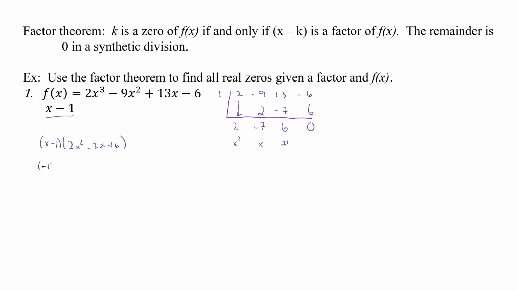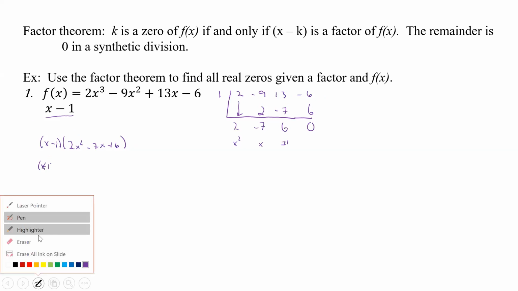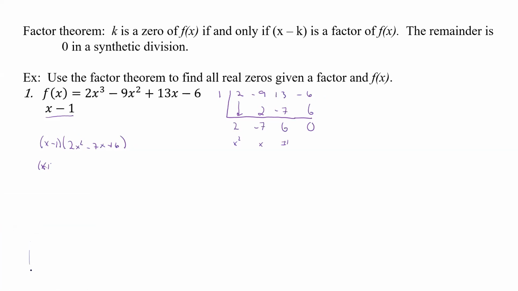Well, here, let's erase that. Maybe. So we have x minus 1, and then that's going to be a 2x and an x. And then 6 is either going to be 2 and 3 or 1 and 6.